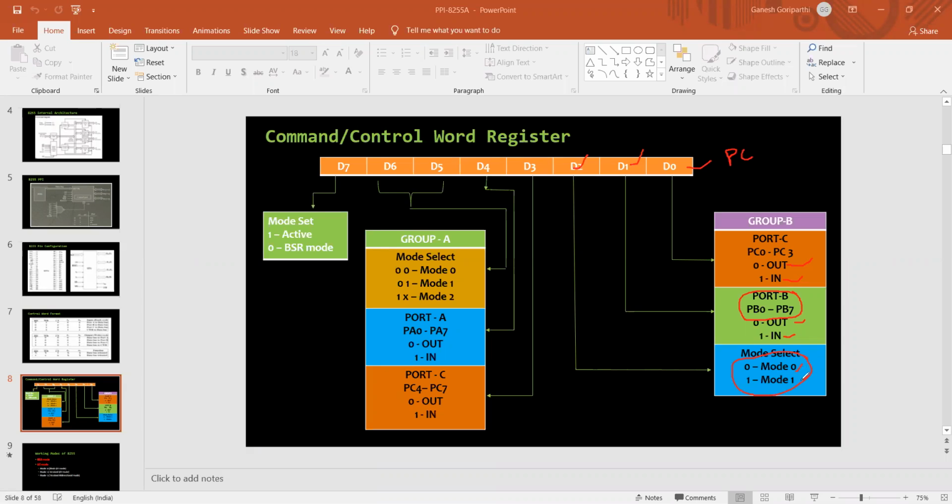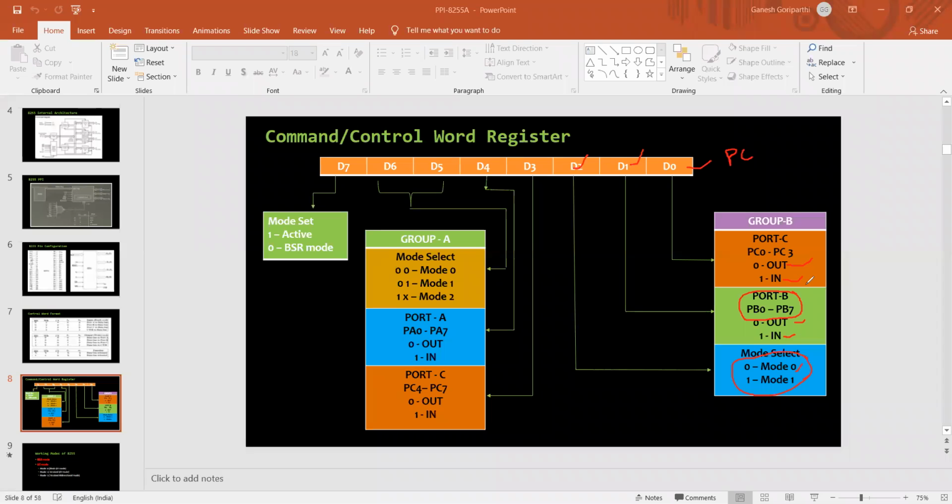Within a few minutes we will be going to that topic also. But in which mode does this particular group B, that means port C lower and port B, have to operate? These 12 pins you have now.